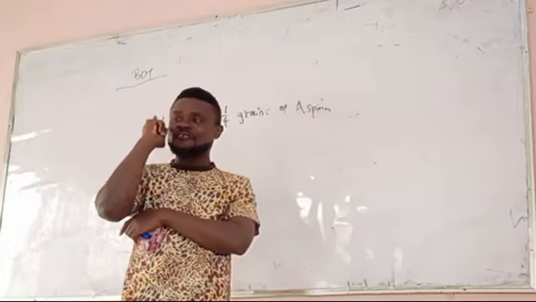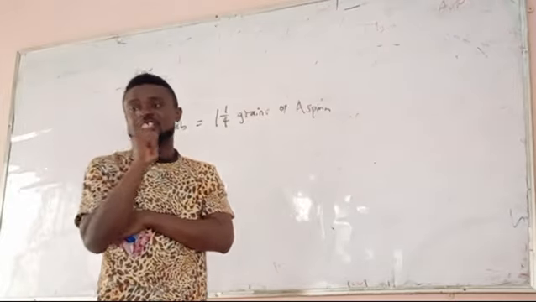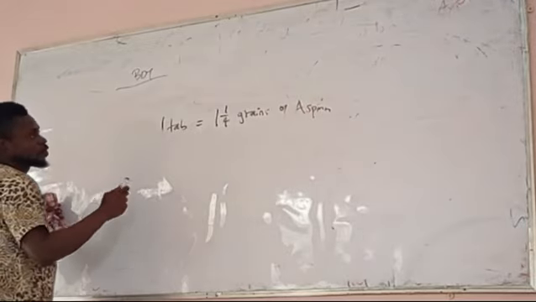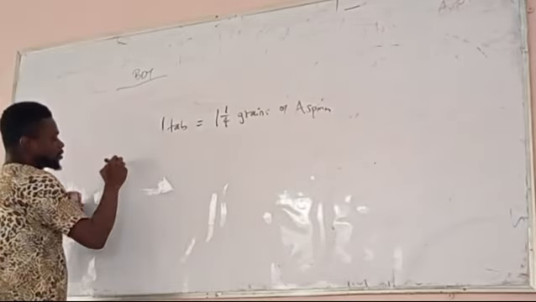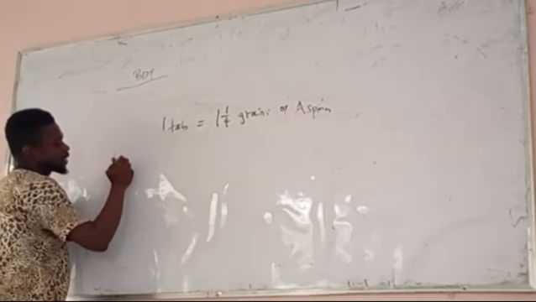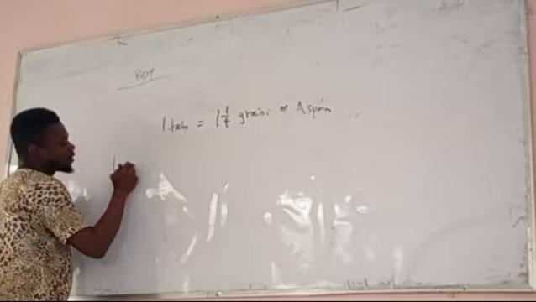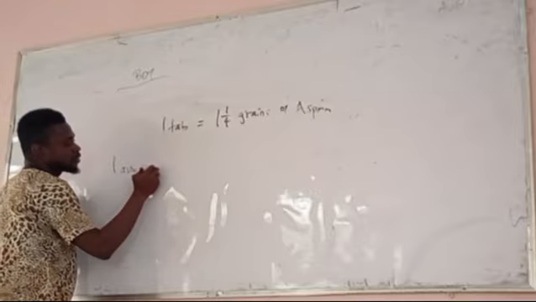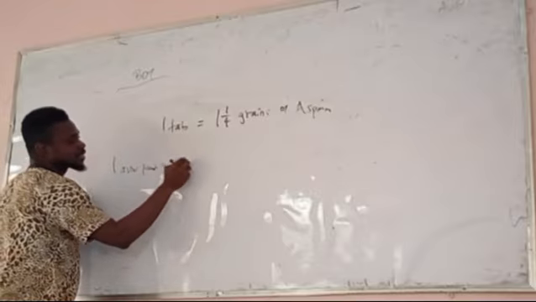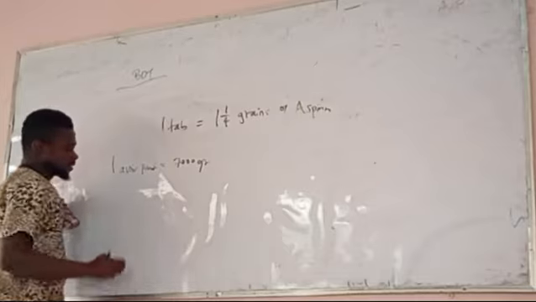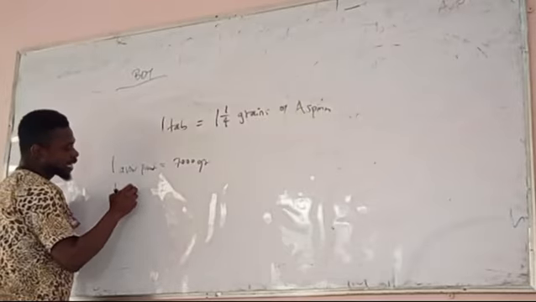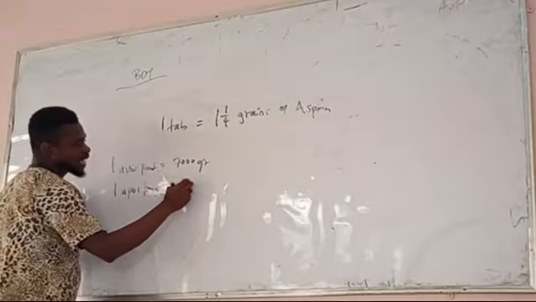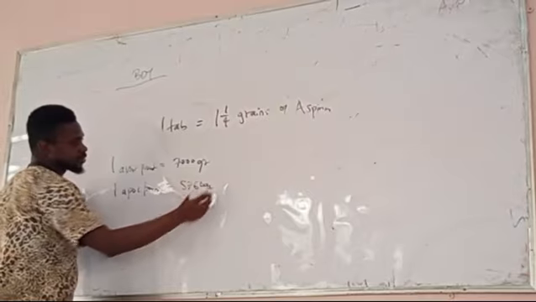So 1 avoirdupois pound is 7,000 grains. Please note this down. 1 avoirdupois pound is 7,000 grains, while 1 apothecary pound is 5,760 grains.